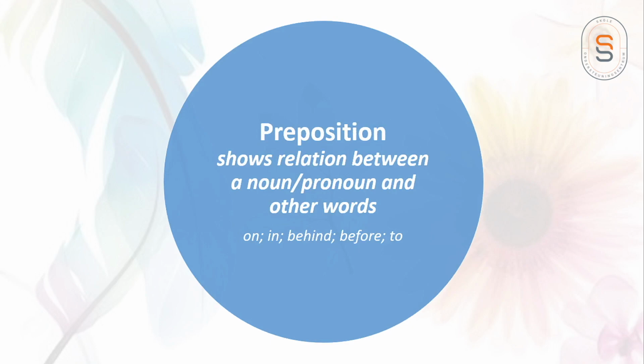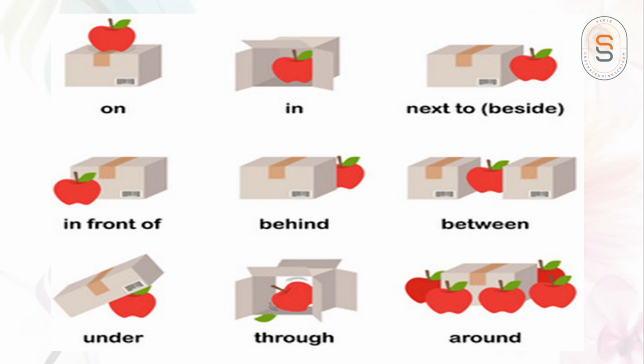Then we have a preposition. A preposition shows a relation between a noun or a pronoun and other words. So it's a small word which usually relates two words or phrases to one another. And it usually precedes nouns, pronouns, or articles. It's words like on, in, behind, before, and to.